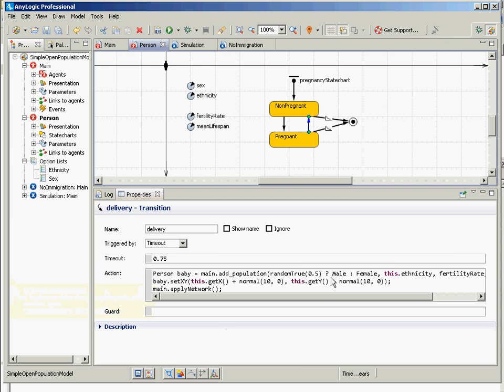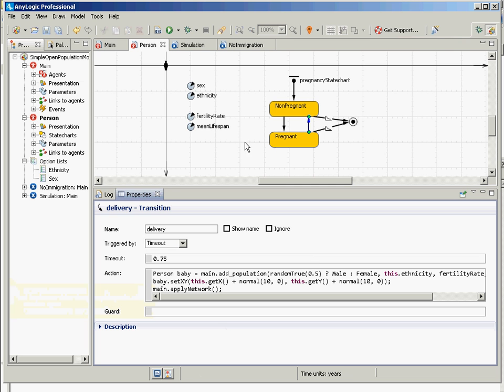Suppose we wanted each baby to remember who their mother was. Who gave birth to them? How would we do that? We wanted each baby to remember its mother. We want each person to remember their family structure.